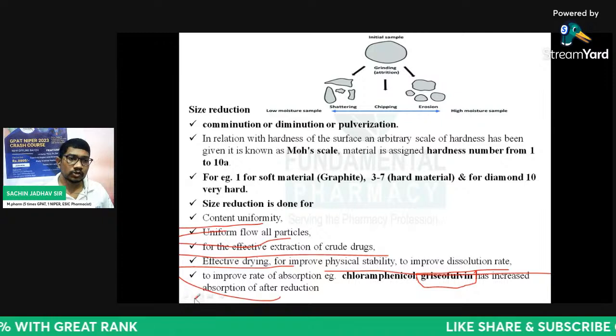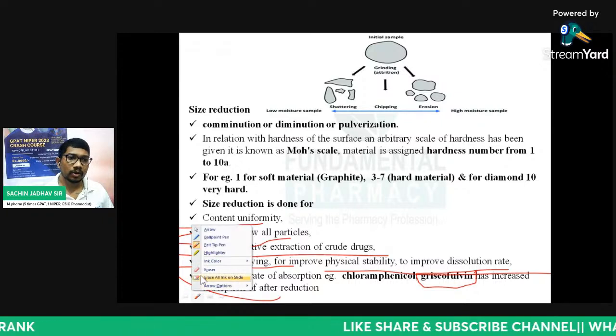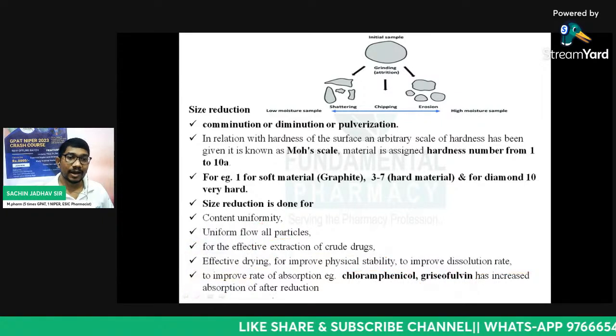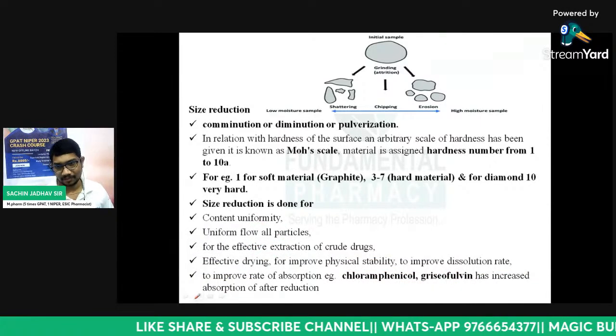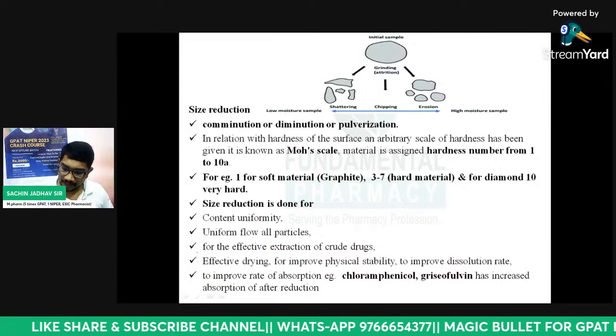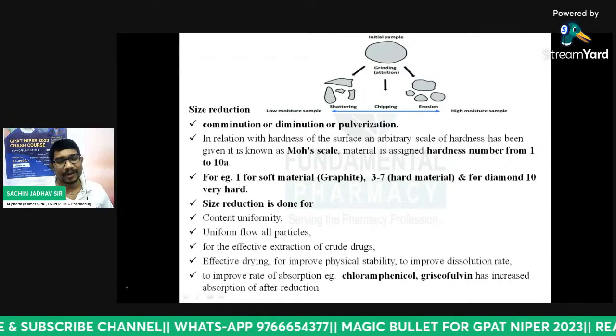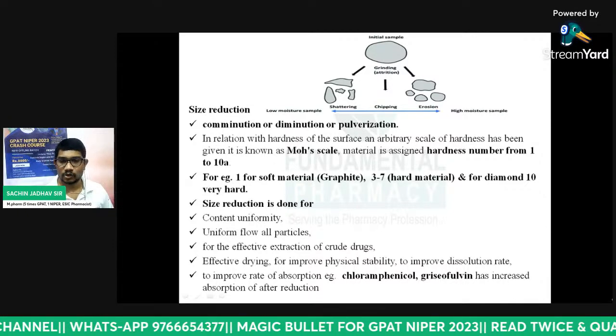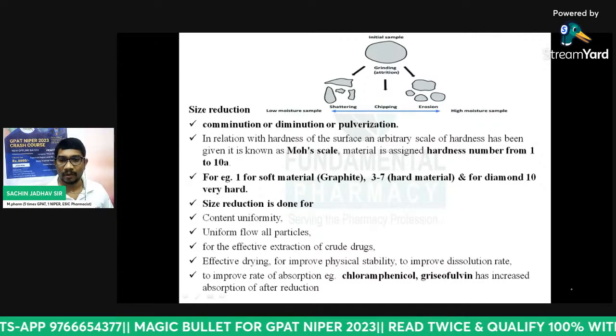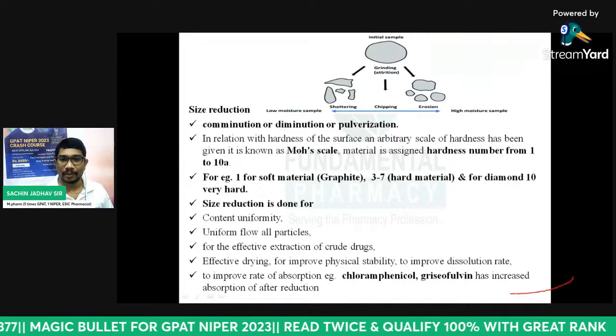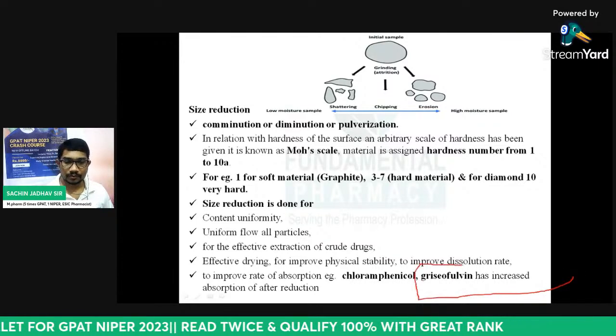You see, griseofulvin powder or griseofulvin API will have a large particle size. जो griseofulvin आपका API मिलता है उसमें बहुत बड़ा पार्टिकल साइज होता है, राइट? And griseofulvin has a less bioavailability. Griseofulvin का absorption बहुत ही कम होता है, ओके.